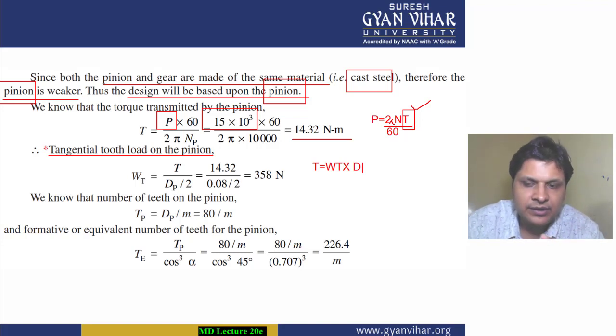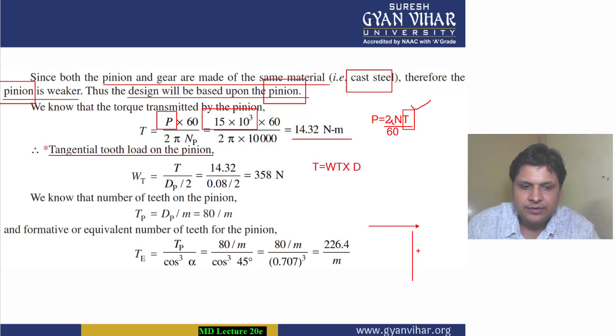Wt is the tangential load that is acting, and the distance is dP divided by 2.